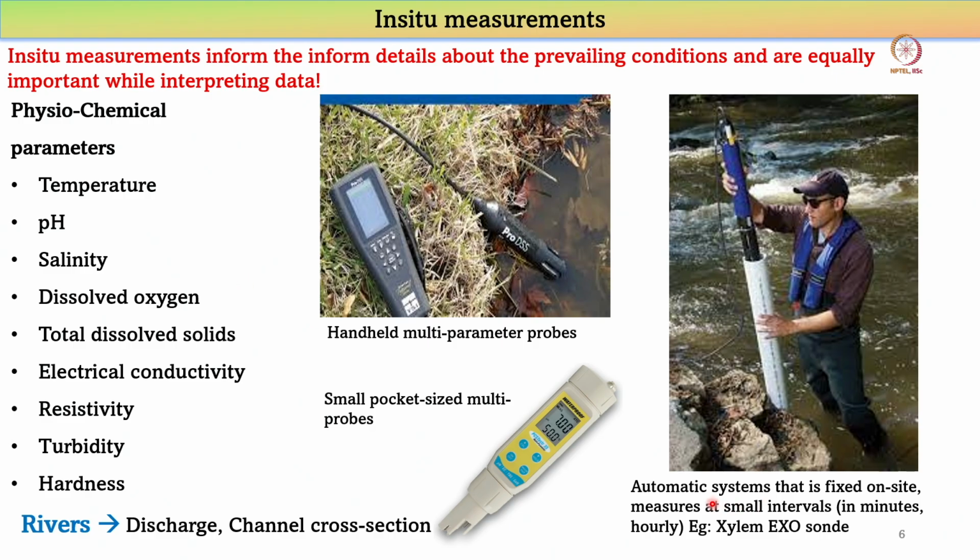Or you can have these automatic systems where you fix a regular interval and data gets logged at that interval. Mostly these have an accumulation of different kinds of sensors arranged together.